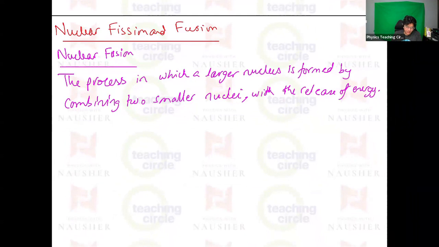For example, nuclear fusion powers the stars.